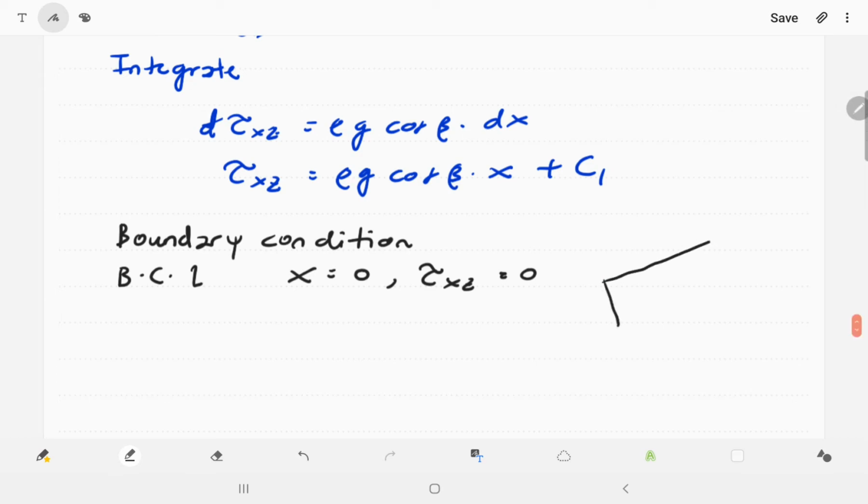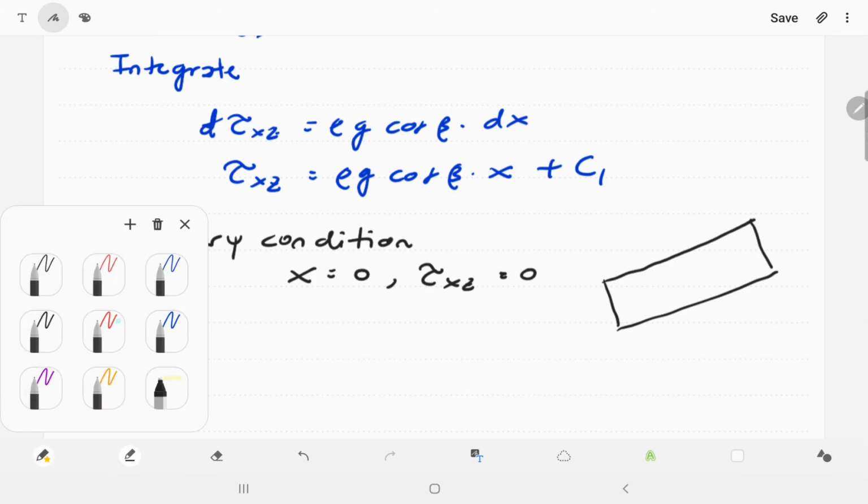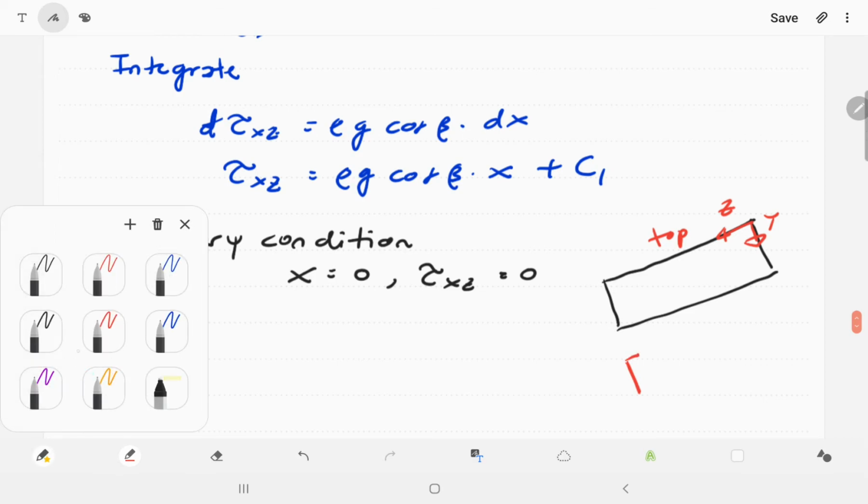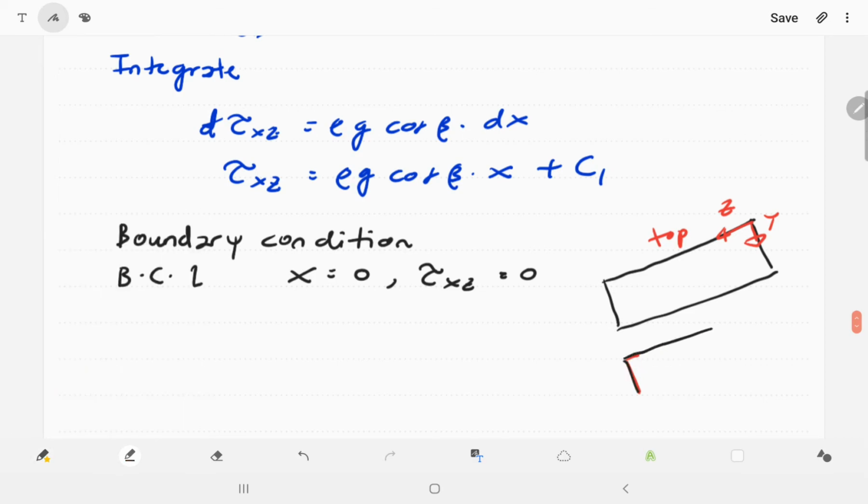You have this system of yours in here, where you put in the directions of y, z, and then y, and then this one is the top, and then if you look from the side, it will have a shape of this one.